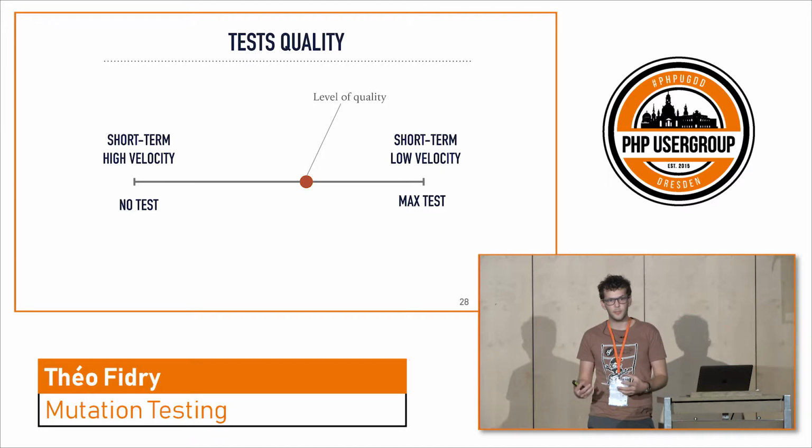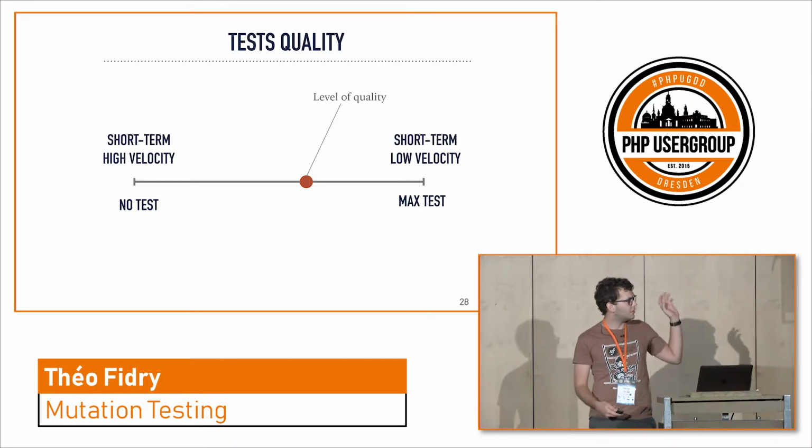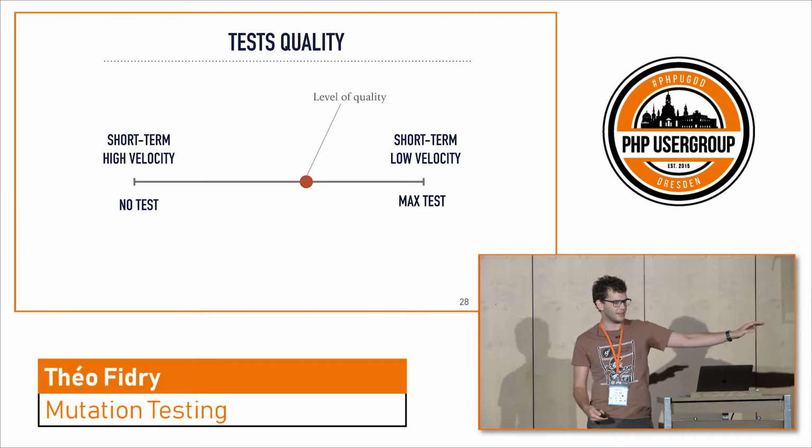So if you're a startup, you have short deadlines. What's important is getting enough value to get enough funding to live long enough. Whereas if you're a more stabilized product, you have enough funding, you're profitable, the idea is you want to bring down the cost of development and of bugs. So you want to be more on the max tests side.